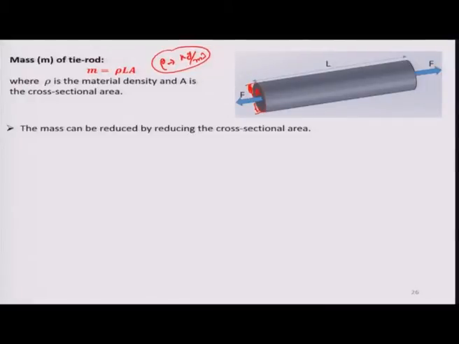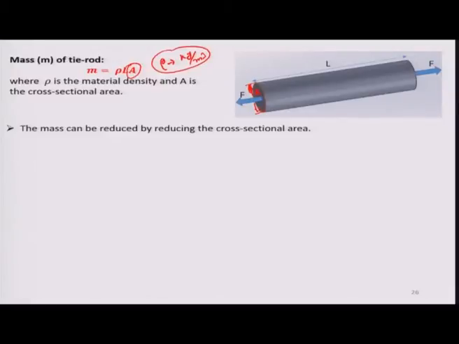Okay. So, from this equation you can see that rho is a material property, suppose for a particular material it is constant, and L is also fixed. So, the only variable is A. To minimize the mass, it can be reduced by reducing the cross sectional area, because M is proportional to area.